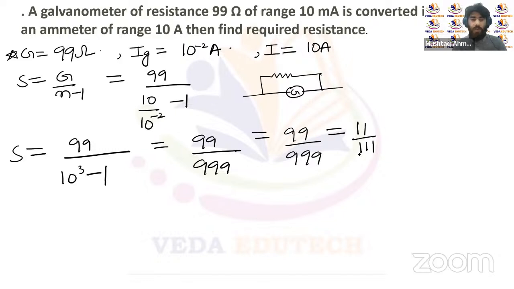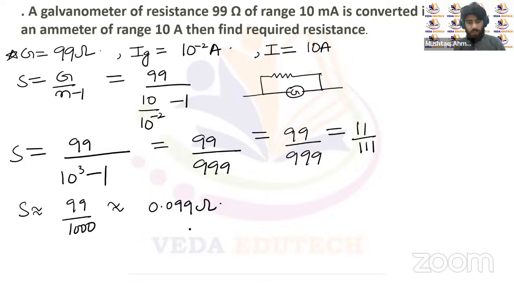Or we can say it will be approximately equal to 99 upon 1000, that is approximately 0.099. That's the approximation. So 0.099 will be the approximate value for this shunt resistance. This amount of shunt we should place parallel to this galvanometer to attain an ammeter measurement range equal to 10 amperes.